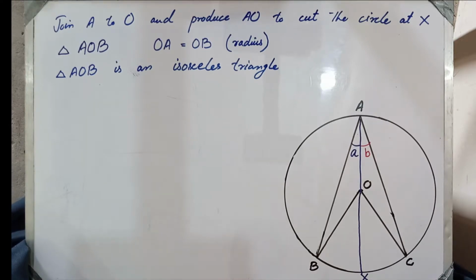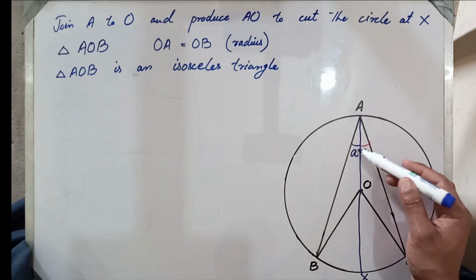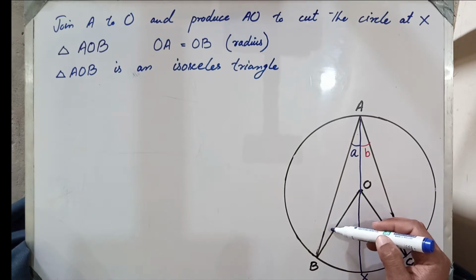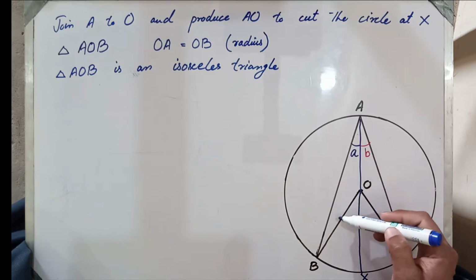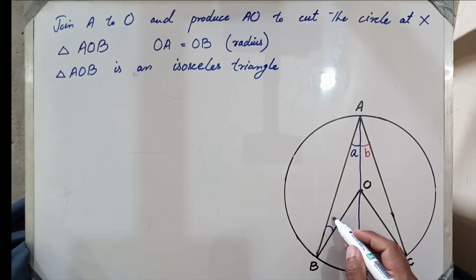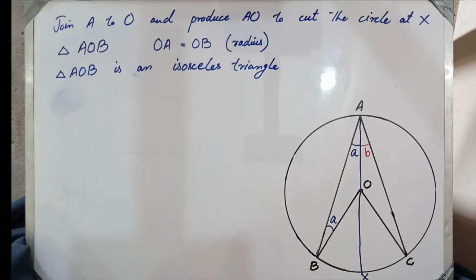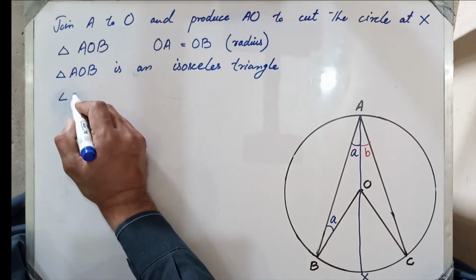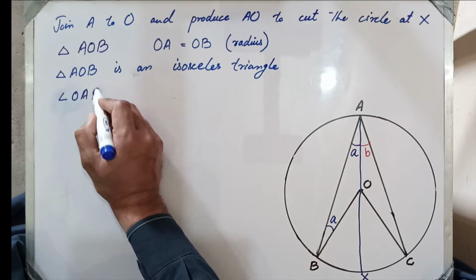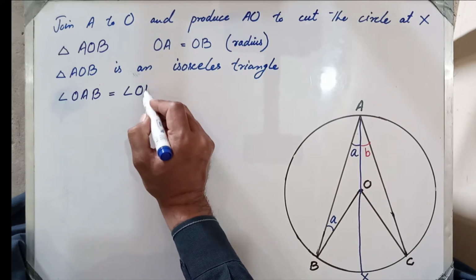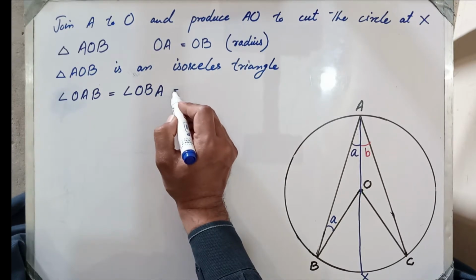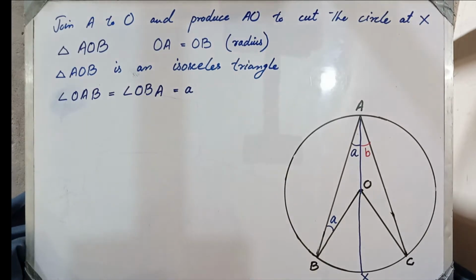Due to the isosceles triangle, these two angles will be the same, because the sides which are the same in length, their opposite angles will be the same. So this angle will be a. Therefore angle OAB is equal to angle OBA, both are a.